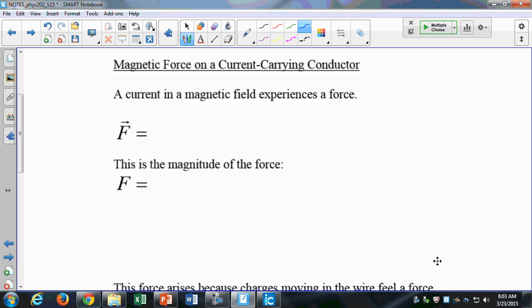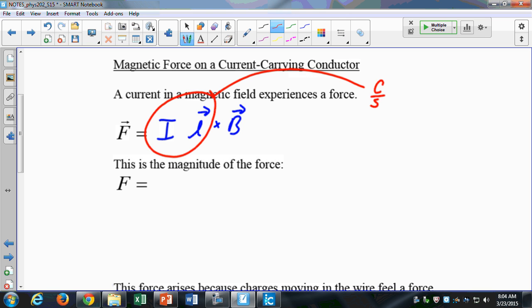Whereas before we had qV cross B, now we're going to have I times L cross B. In fact, if you look at the units of IL, I, remember, is coulombs per second, and L has units of meters. So I'm left with coulomb meters per second. These are the same as the units for qV cross B. These also have the same unit.